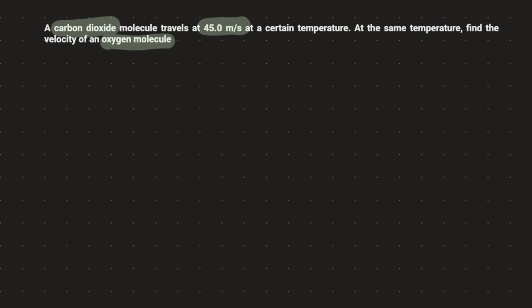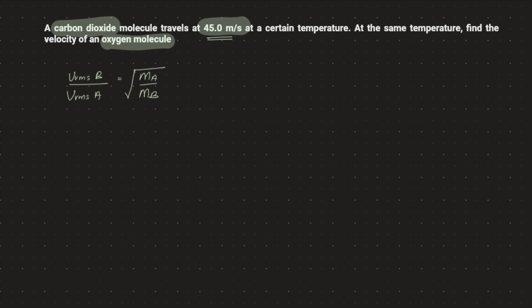So what we are going to use is the formula for Graham's law again. From Graham's law, we know that the velocity RMS for B divided by velocity RMS for A is equivalent to the square root of the molecular weight of A divided by molecular weight for B. Now we are going to talk about carbon dioxide and also oxygen gas, whereby we know the velocity of the carbon dioxide.